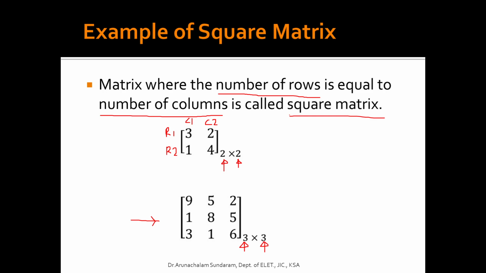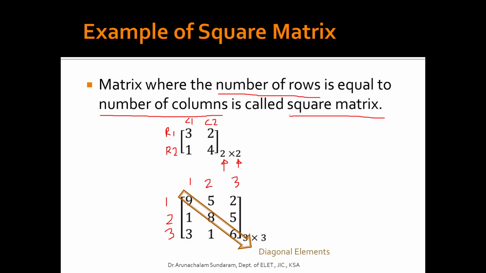What we are going to define is, what do you mean by a diagonal element? These elements are called diagonal elements. Diagonal elements are the elements where the row index is equal to the column index. For example, this is row 1, row 2, row 3, and this is column 1, column 2 and column 3.